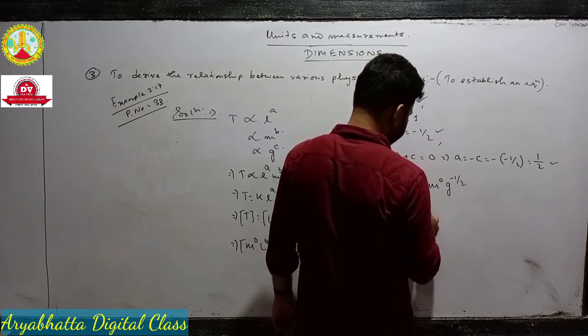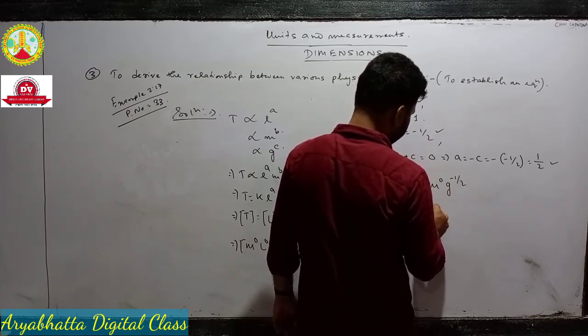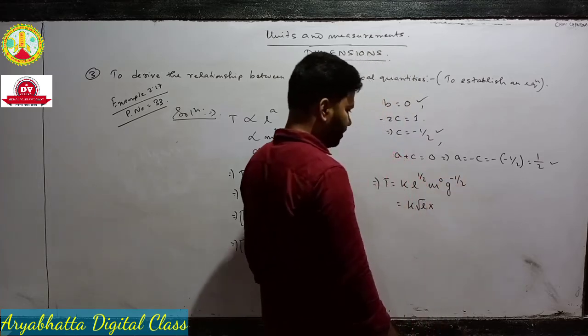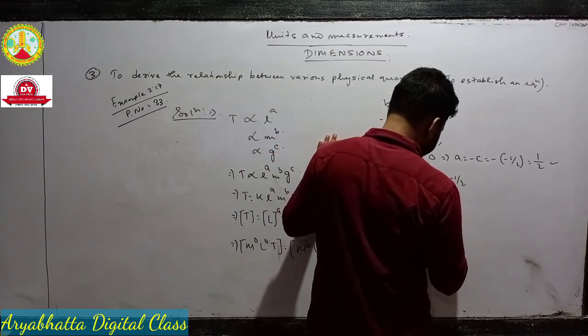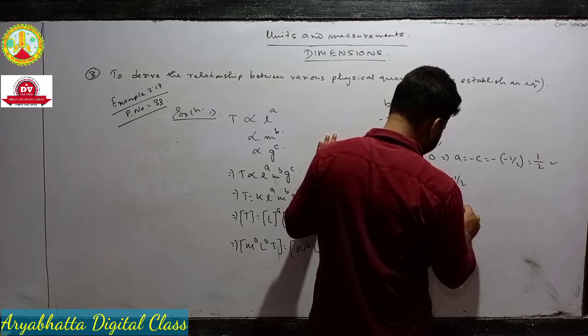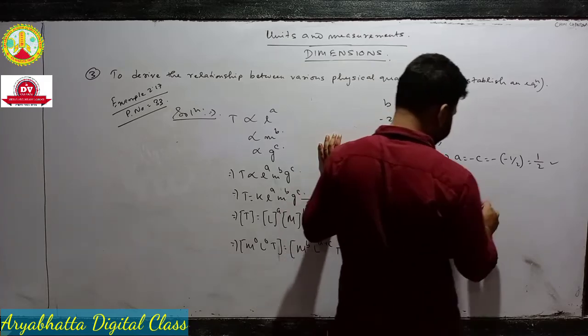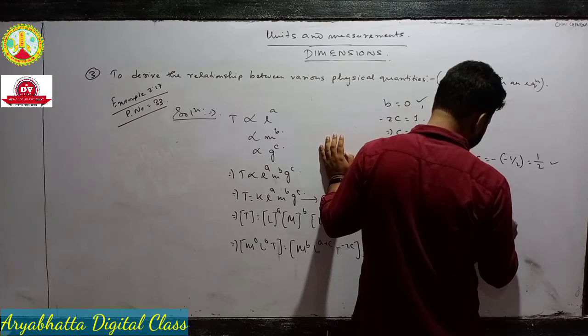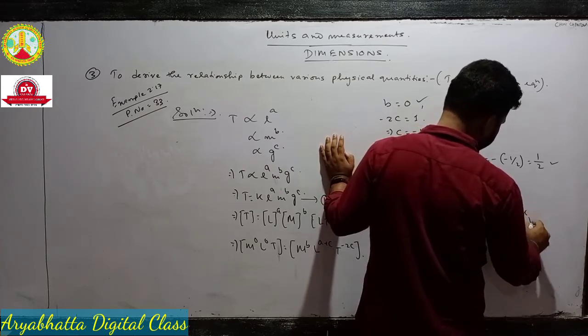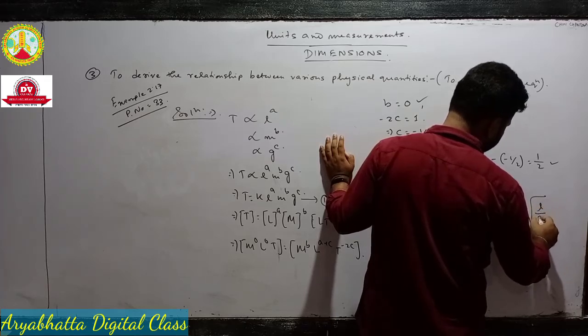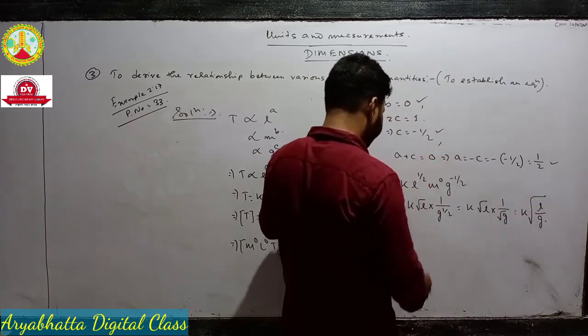It can be written as K root over L, M to the power 0 is 1, and it will be 1 by g to the power half. So this is K root over L into 1 by root over g. So K root over L by g. What is the value of K?